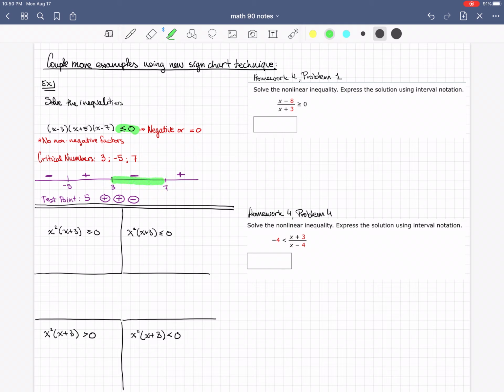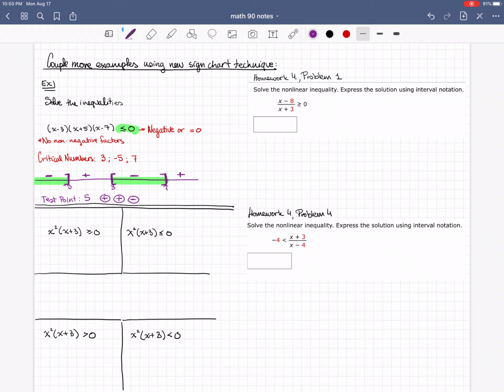We have one here, and we have one here. And since being equal to 0 is fine, we can include the -5, we can include the 3, and we can include the 7.